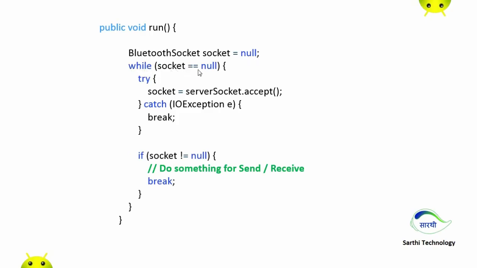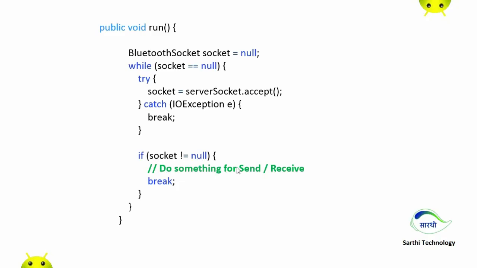While the socket is equal to null, serverSocket.accept will accept the incoming connection from the client. When the connection is established, the accept method returns a socket, and we catch it in this socket object. Now we have a socket connected to the client device, and if the socket is not equal to null, then we will do something for send and receive.